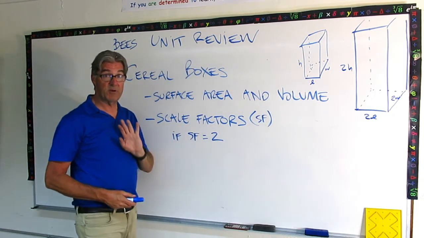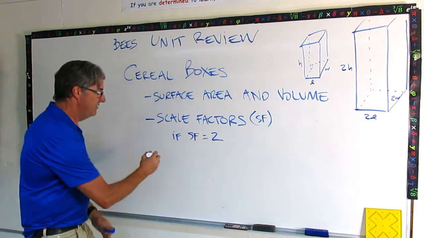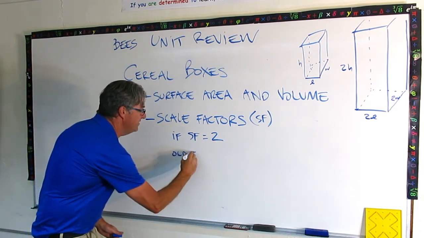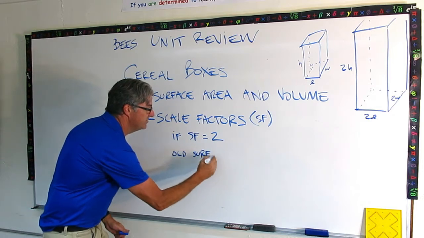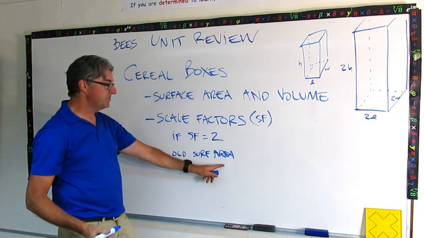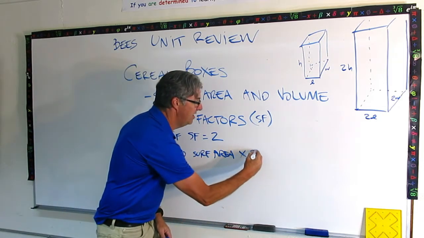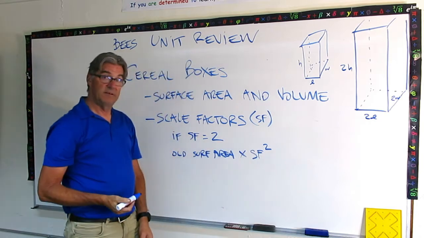So the trick to remember here is that if the scale factor is 2, then the old surface area, I'm going to abbreviate surf area, the old surface area gets multiplied by the scale factor squared. Okay?